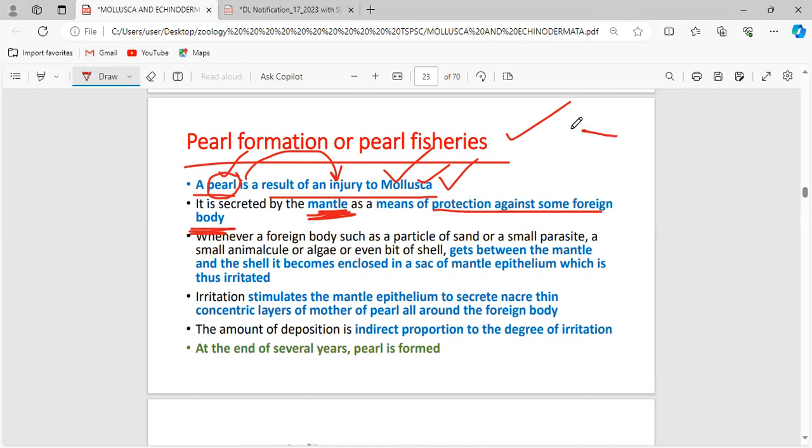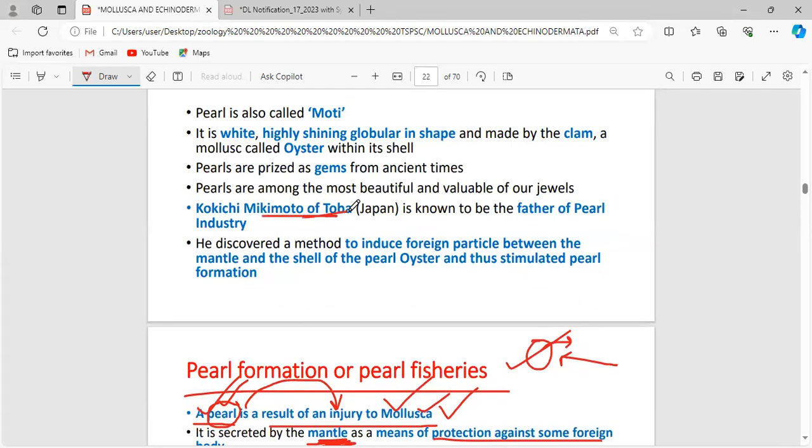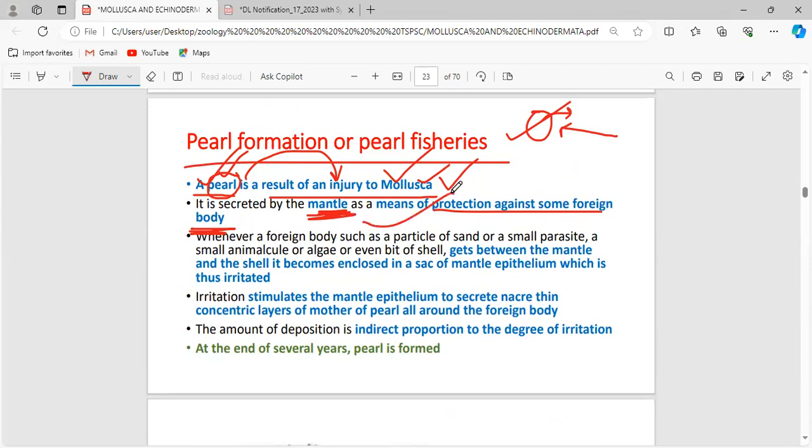If we introduce any foreign particle, initially the mantle will secrete some secretions, and those secretions will induce the formation of the pearl. That is why he discovered we can introduce it artificially, but these are all happening naturally.